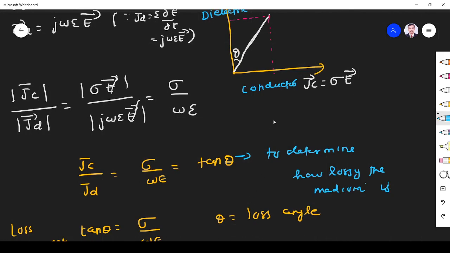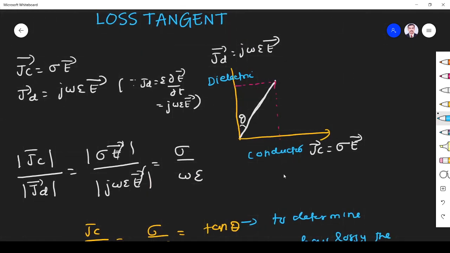A medium is said to be a good dielectric when tan theta is very small. Why? When theta is small, tan theta will be very small. Theta small means the line will be like this, so it is approaching dielectric. So the medium is said to be good dielectric when tan theta is very small.